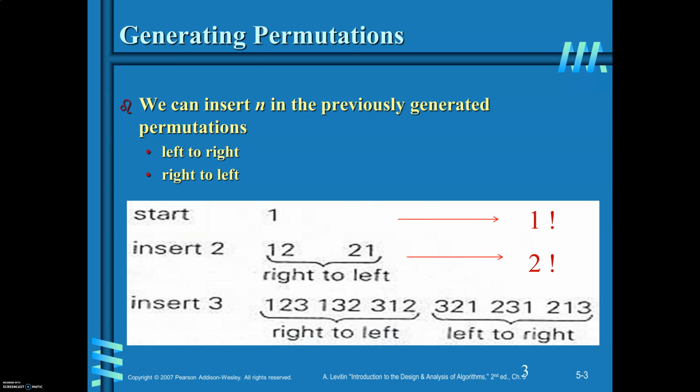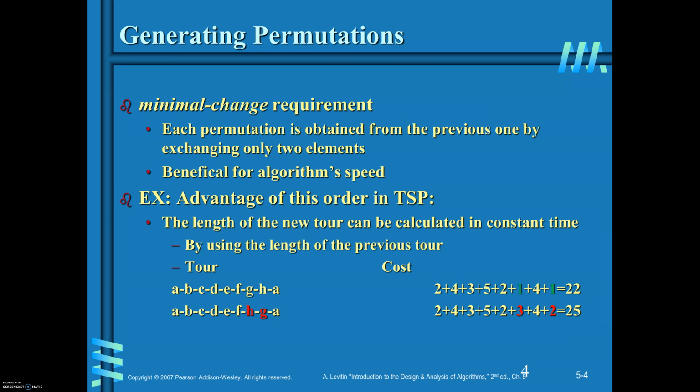How? Because already you know the solution for 2 factorial, by inserting the third element from right to left for the first permutation, and for the second permutation left to right, you have generated all possible 6 solutions.